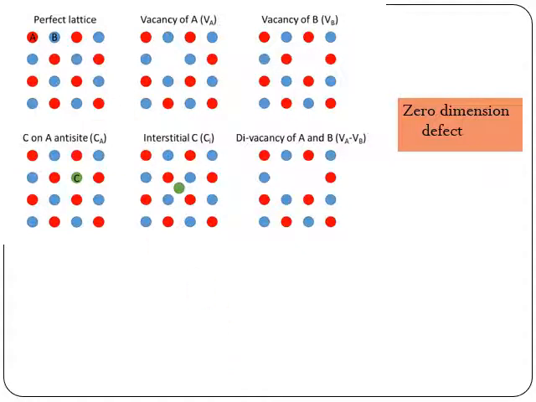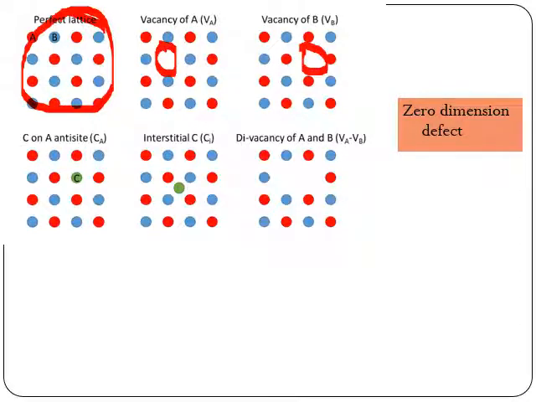If you see this as a perfect crystal, and an atom at its particular site is missing from its place, either here or anywhere, that is what we call a vacancy. That's how we call it a zero dimensional defect.